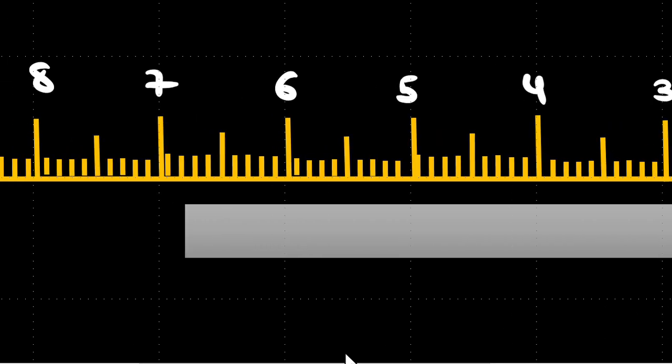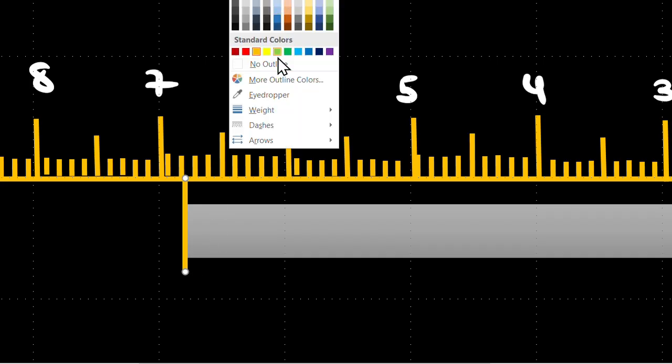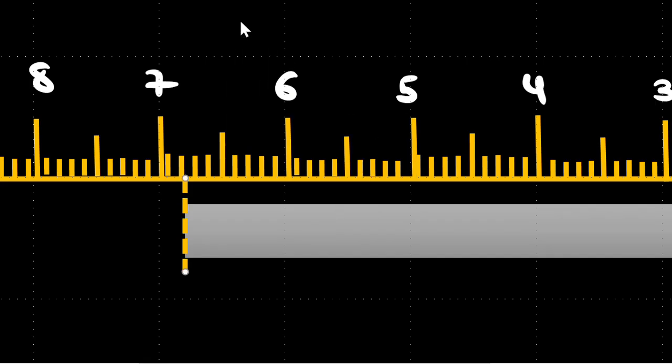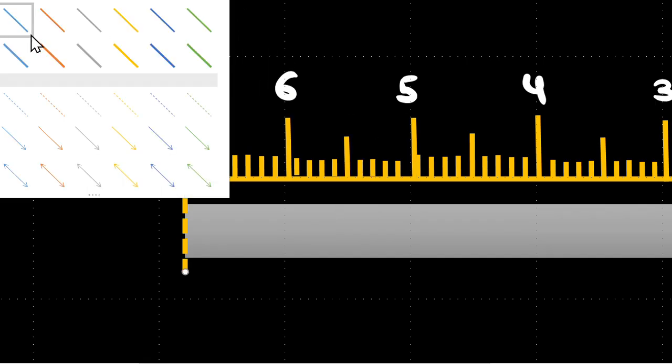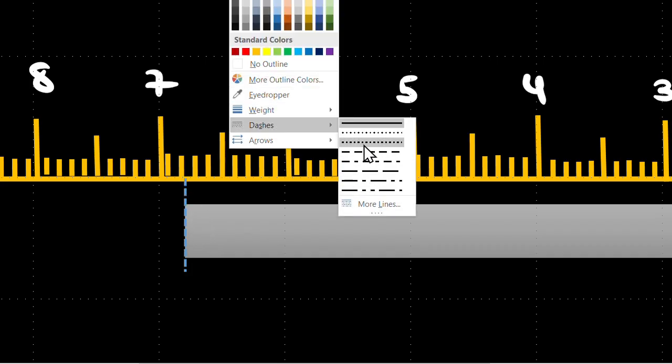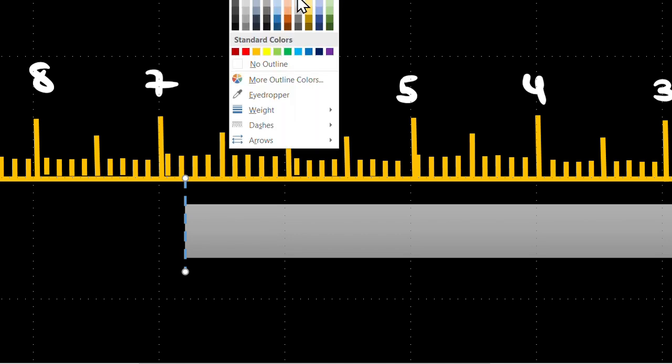If you zoom in, you would see that the rod is greater than 6 centimeters, but by how much? Let's make a dotted line to see by how much. Probably making it another color will be much better. Let's make it blue. Actually, I don't like blue. Let's make it something that pops.